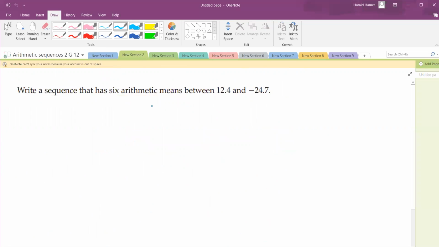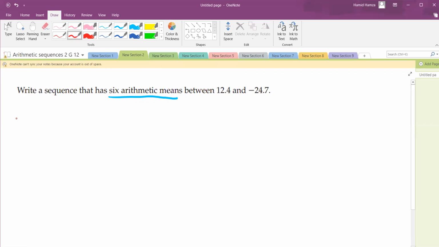The second question also: we want to write a sequence that has 6 arithmetic means between 12.4 and negative 24.7.